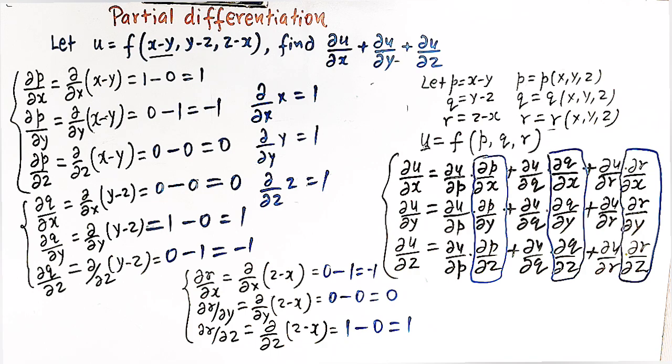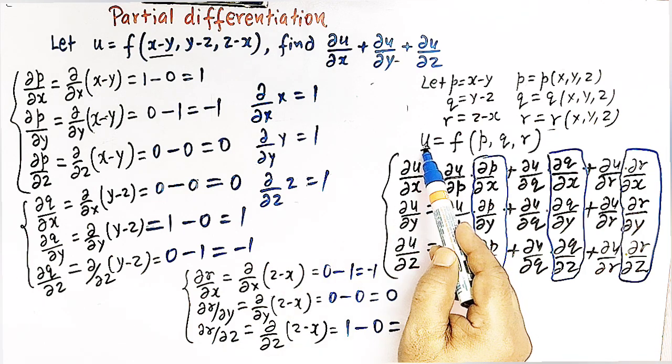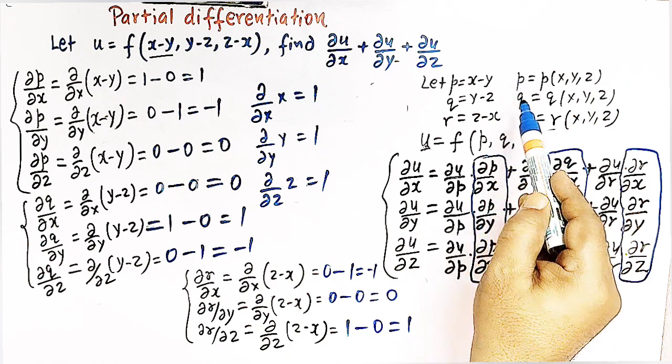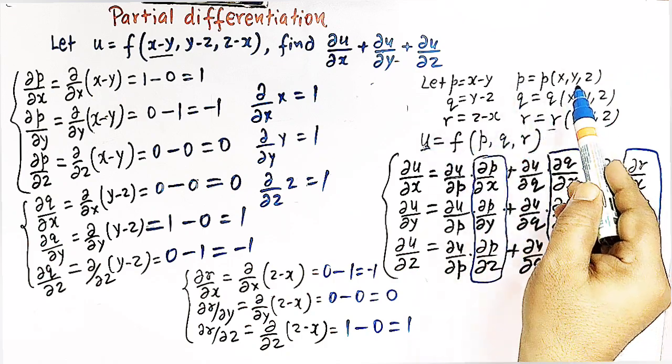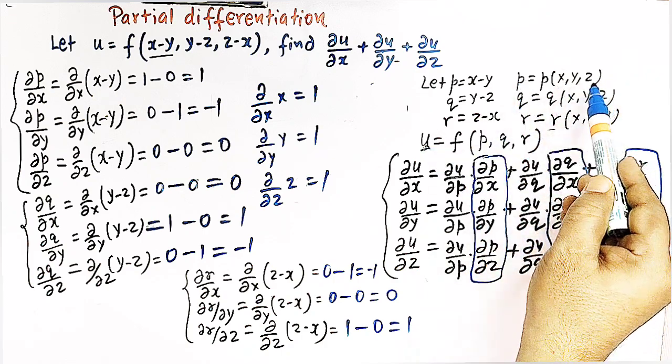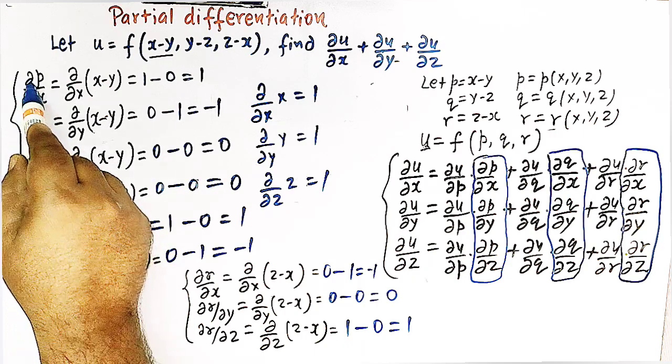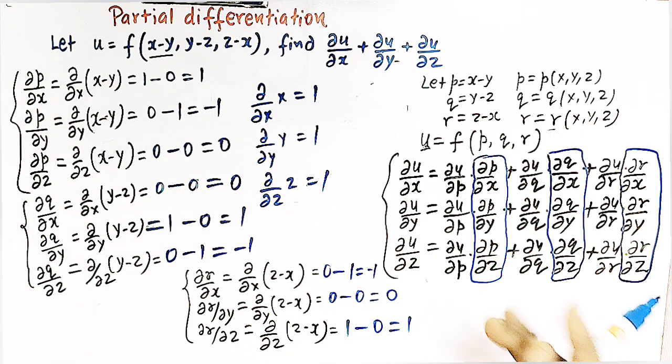And here it is important to remember that u is a function of p, q, and r, and p, q, and r are further functions of x, y, and z. So now let us substitute the values of these partial derivatives in these three expressions.